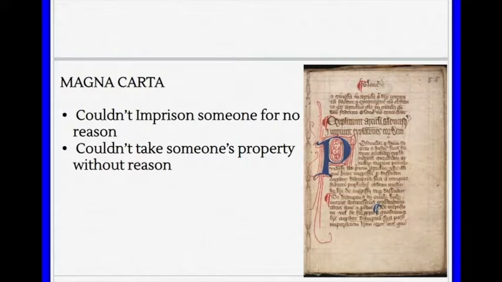Also under the Magna Carta, you couldn't take someone's property without due process of law. An example of this was trial by jury.